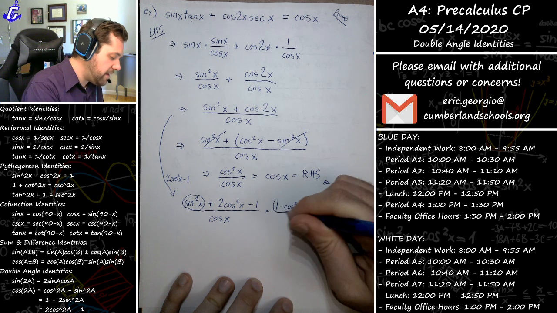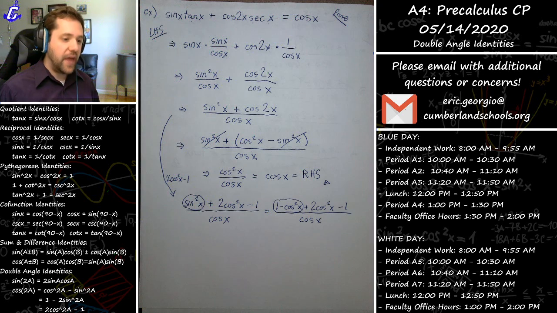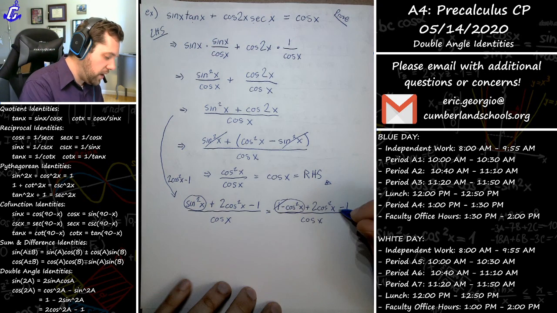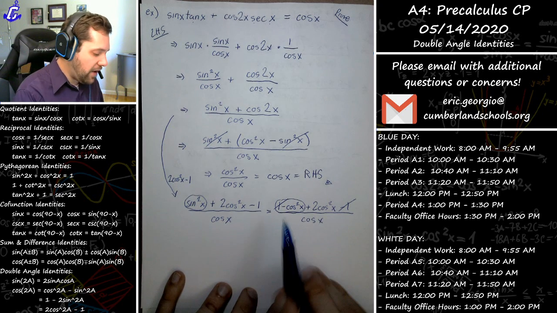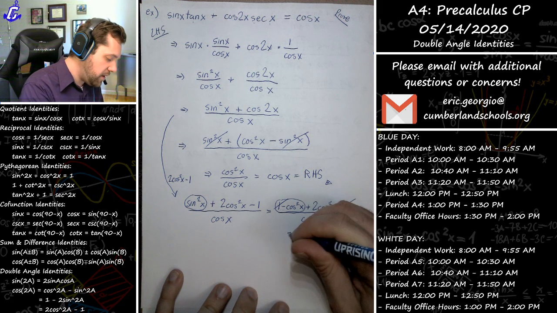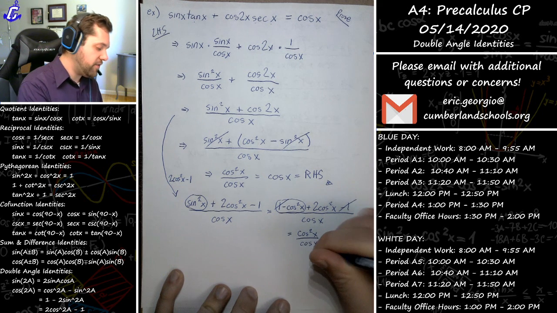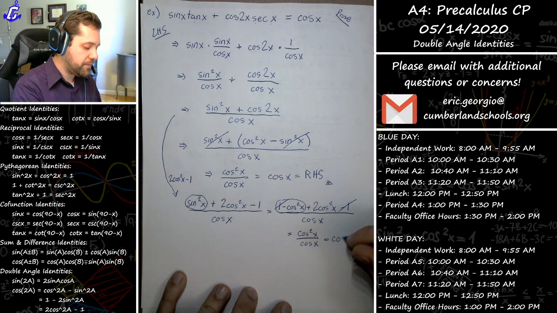We just replaced the sine squared with 1 minus cosine squared. That now allows us to say, 1 minus 1 is going to go away. I now have negative 1 cosine squared plus 2 cosine squared makes positive 1 cosine squared of x over cosine of x, and gets us right back to this step here.